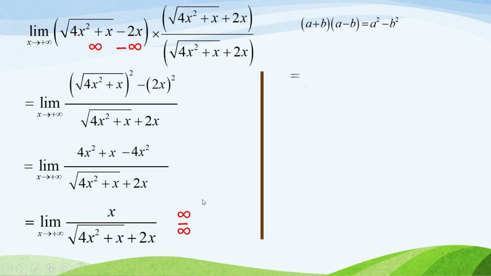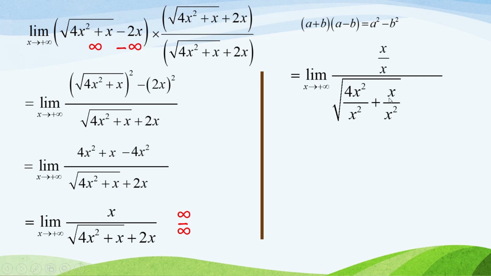So we divide x by x, the square root of 4x squared over x squared plus x over x squared, and for plus 2x we divide by x.